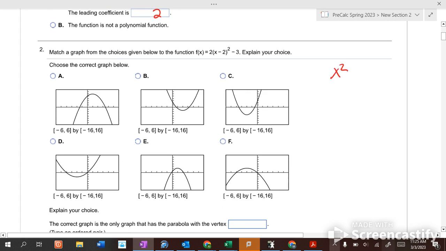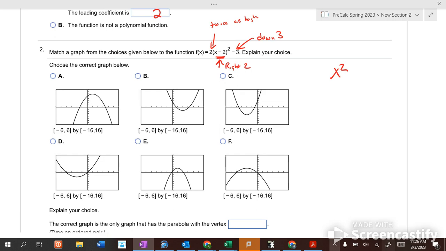Okay? What's the correct graph for this? Well, it's derived from x squared, right? The minus 2 does what to it? Right, 2. The minus 3 does what to it? Down 3. And 2 here makes it twice as high.